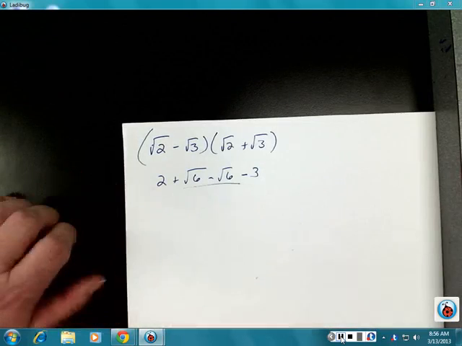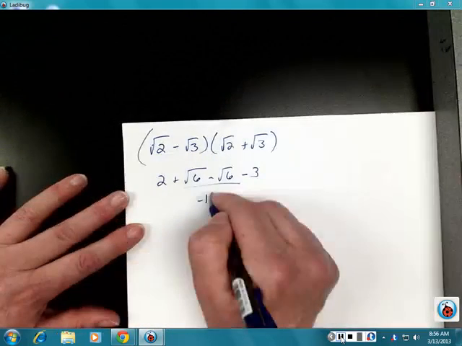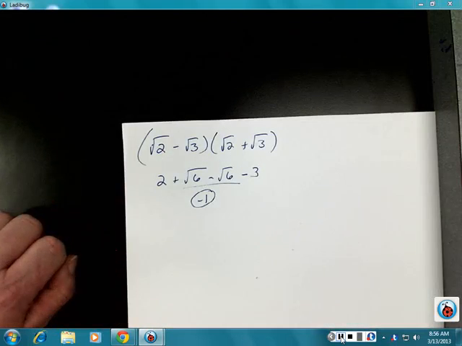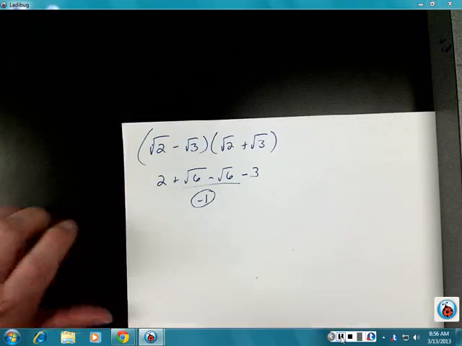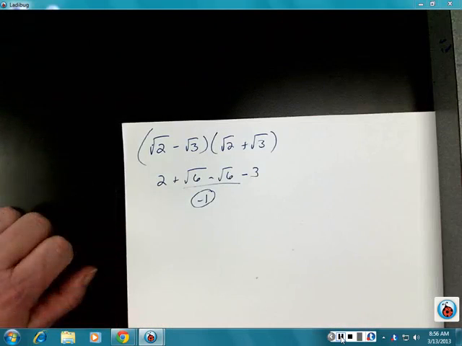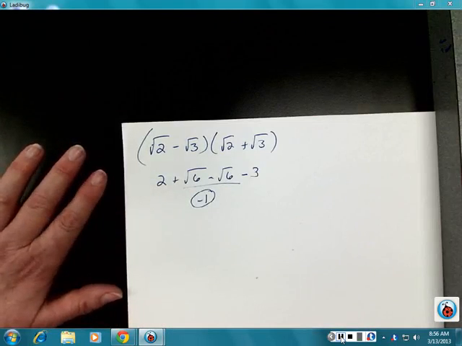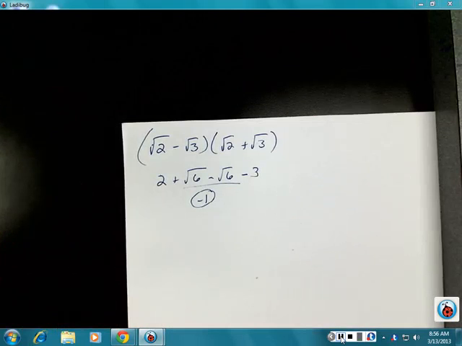These disappear. 2 minus 3 is a negative 1. So my answer is simply a negative 1. So things that have special abilities in there make differences. We use this when we do the last section in 9.4c because we're going to make denominators not have radicals in them at that point.